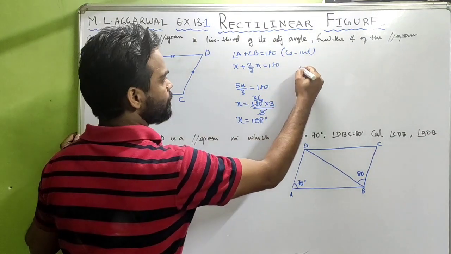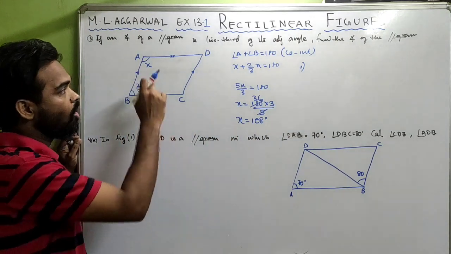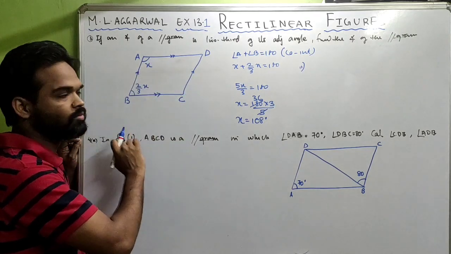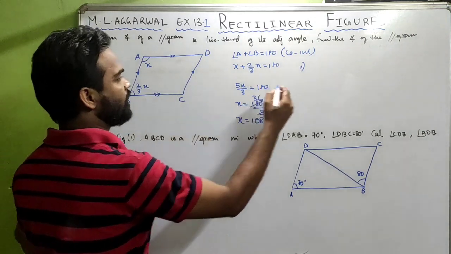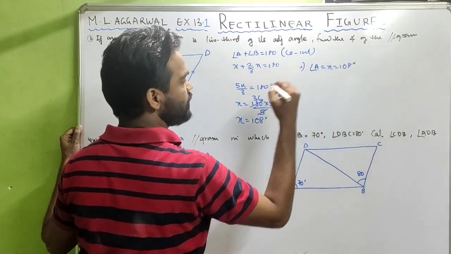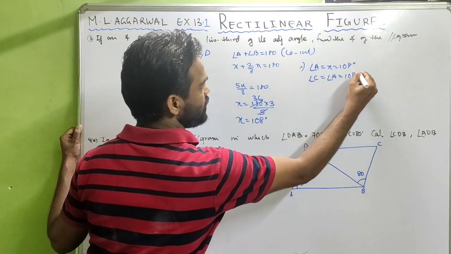Now look at one more thing. In a parallelogram, the opposite angles are equal, which means angle A and angle C are equal, angle B and angle D are equal. We know this property. So angle A we got as x, which is 108 degrees. Similarly, angle C is equal to angle A, which is 108 degrees.